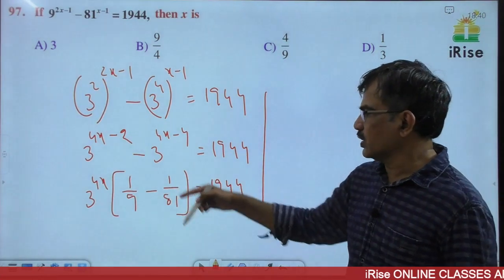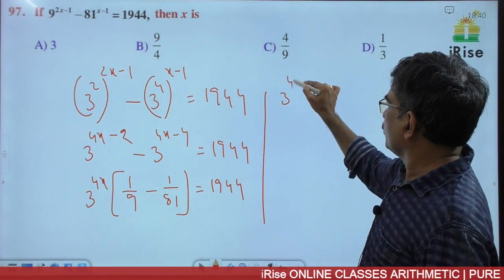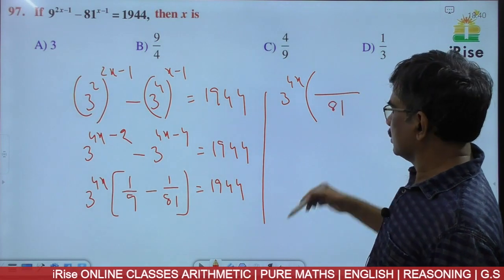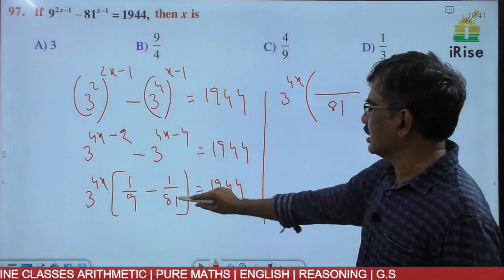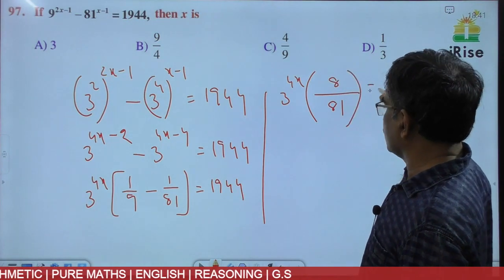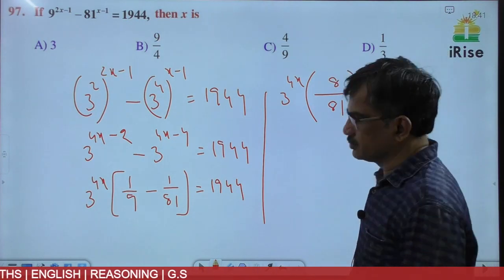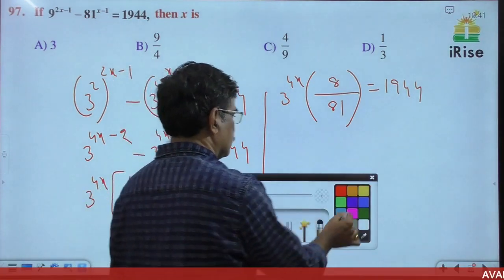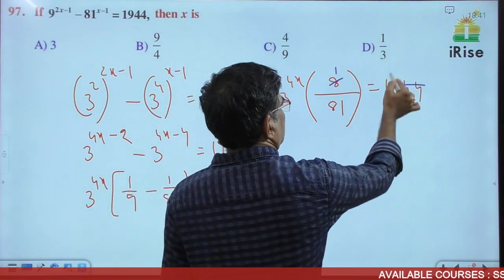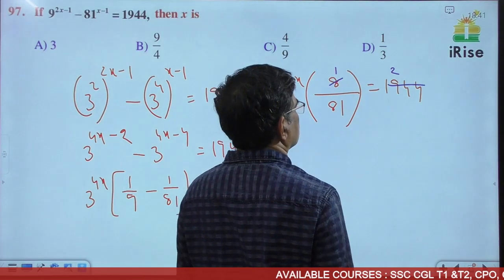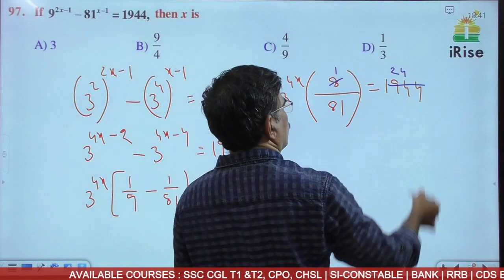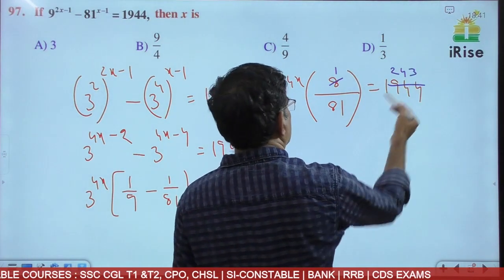So simplify this one. What do we get? 3 power 4x into LCM 81: 9 minus 1, which is 8, equals 1944. Cancel with 8: 8 ones are 8, 8 threes are 24, 8 fours are 32, 8 threes are 24, so we get 243.